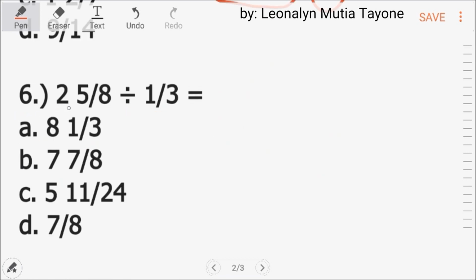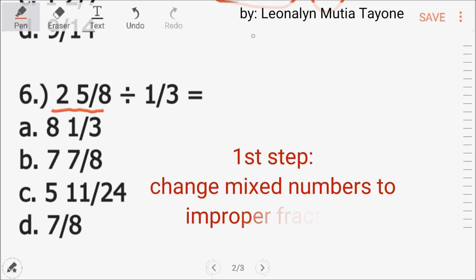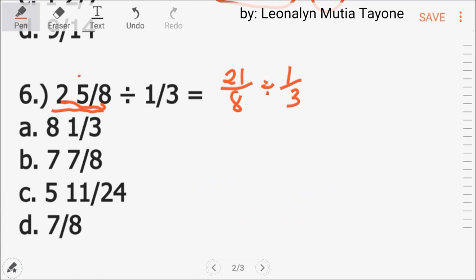Number 6. 2 and 5/8 divided by 1/3. We have mixed numbers here, so let's first make it an improper fraction. 8 times 2 equals 16 plus 5 equals 21. Then copy the 8 divided by 1/3. In other words, 2 and 5/8 is equivalent to 21/8.